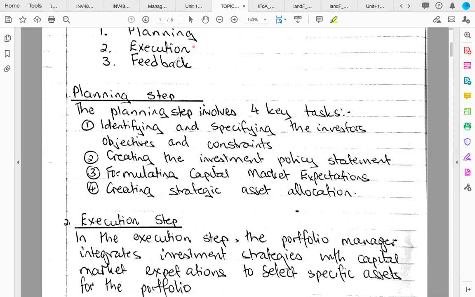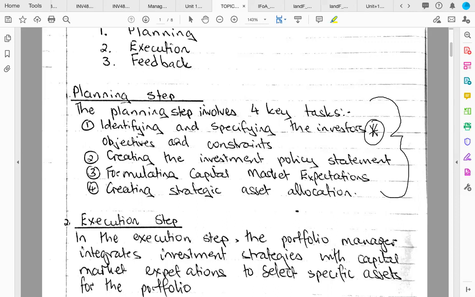So this module that we are looking at, investment portfolio management, we're going to look at all these items. Don't worry, we'll look at some of these in learning units 3, 4, 5, 6, 7, and so forth. So we're going to go into detail into each of these, but this class that I'm taking you through now, I'm going to mainly focus on identifying and specifying the investor's objectives.